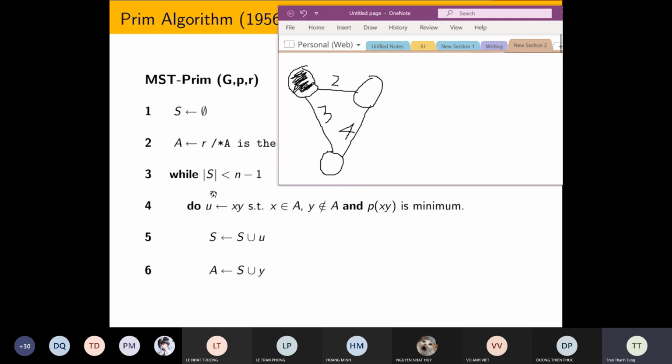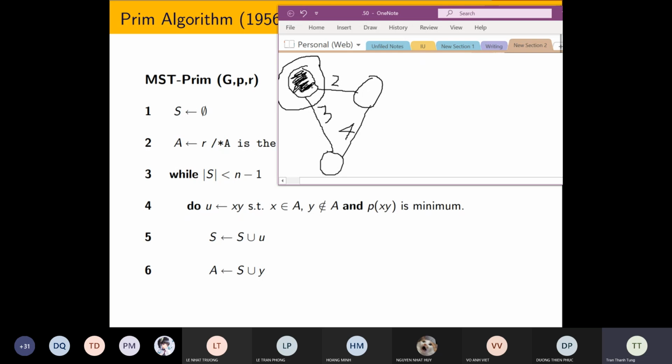Okay. So say we don't have enough edges, then for each edge xy we name it u, in such a way that the edge starts from the marked set. At the beginning we have one edge.